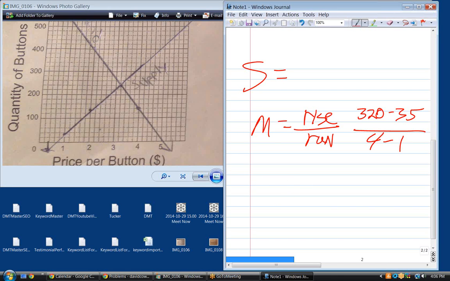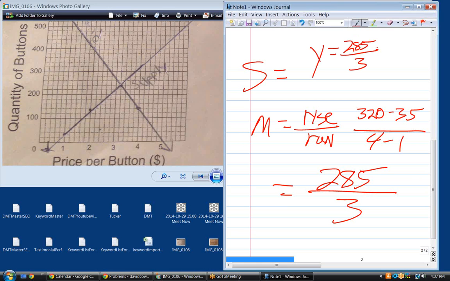The run goes over 3 on a rise of 285. So there's your slope. So we know this much about the equation. y equals 285 thirds x plus some b. In other words, that's our slope equation. That's all we know of it at this point in time. That's our supply equation.